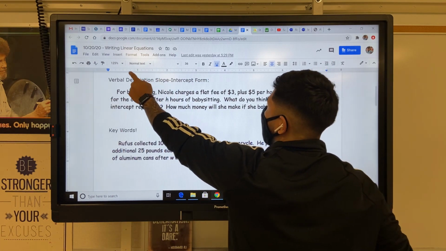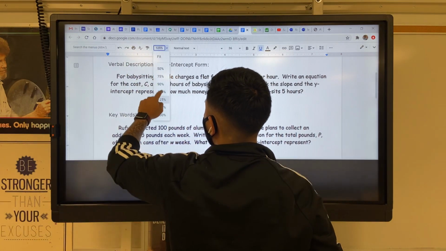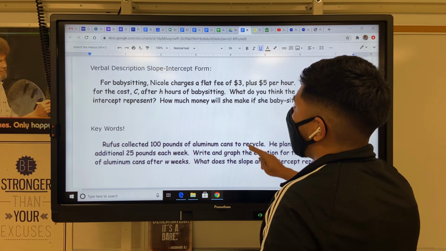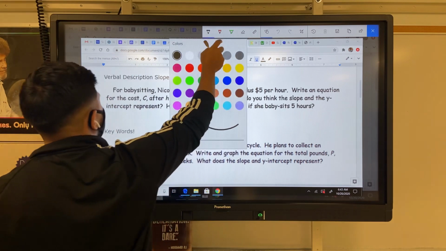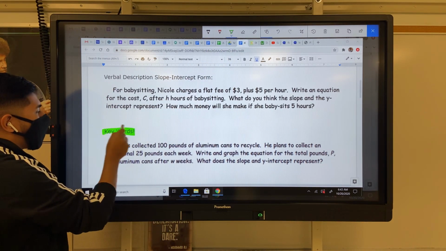Let's see if I can zoom in a little bit more. All right. Before we start reading, we need to make sure that you pay attention to some key words.